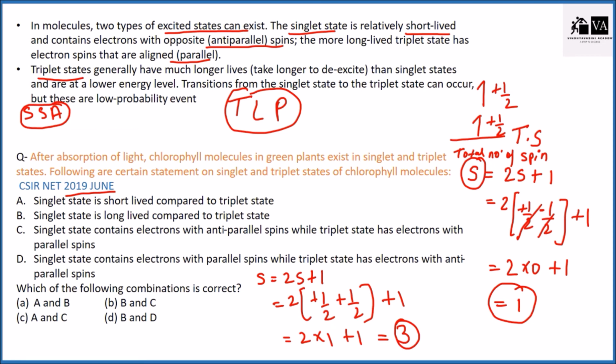After absorption of light, a chlorophyll molecule in a green plant exists in singlet and triplet state. Which of the following statements is correct? Let's read one by one. Option A, singlet state is short-lived compared to the triplet state. That is right, we studied SSA. Singlet state is short-lived, so this option is correct.